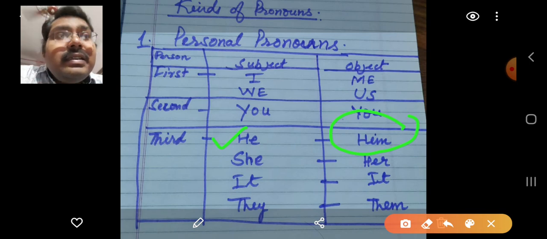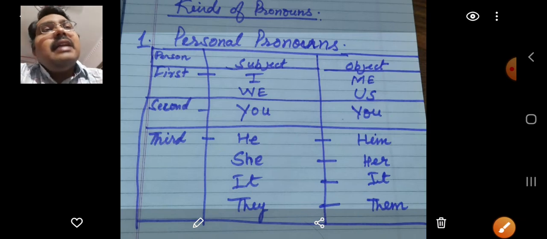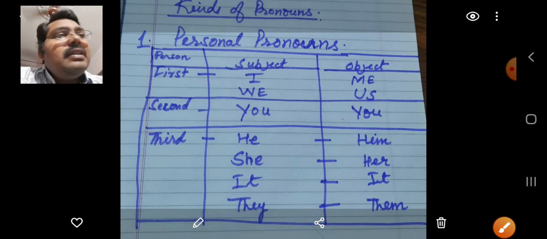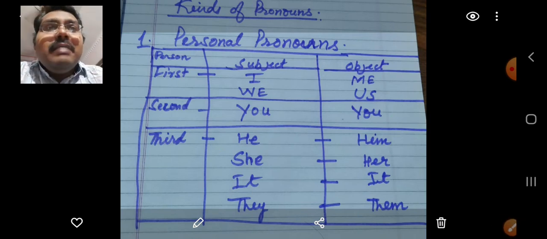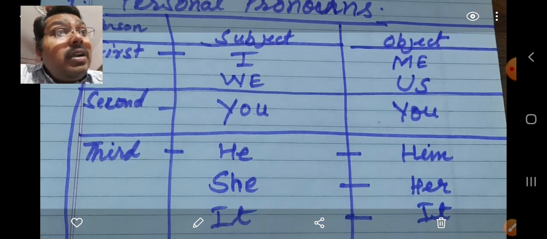Do you understand? Okay. So I told you that these are the subjects and these are the objects. I hope that you might have learned this. If you have not learned, then you must learn this.